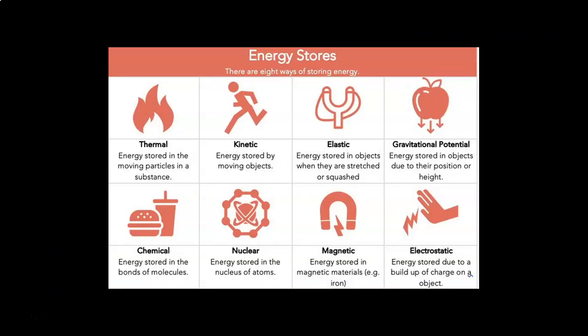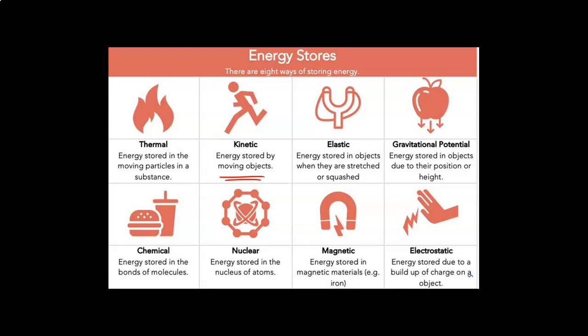Now, there are 8 actual energy stores. There are 3 which we'll be dealing with specifically in Physics 20, and that is your kinetic store. That's stored by the object moving. If the object stops, it no longer has that kinetic store of energy.